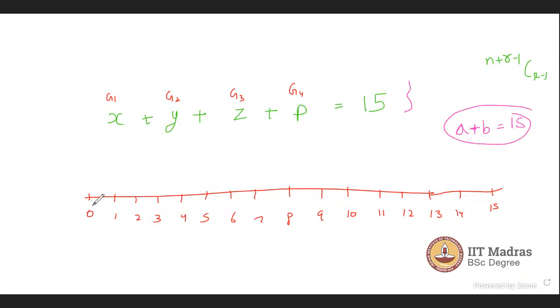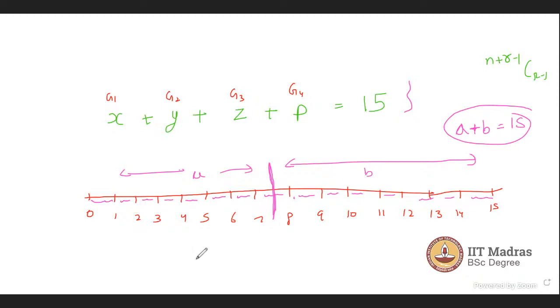See, there are 14 spaces, or 15 spaces, right? I can put a line anywhere over here. Suppose I put a line over here. What it essentially means is all this region belongs to A and the remaining belongs to B. So A equals 7, B equals 8.